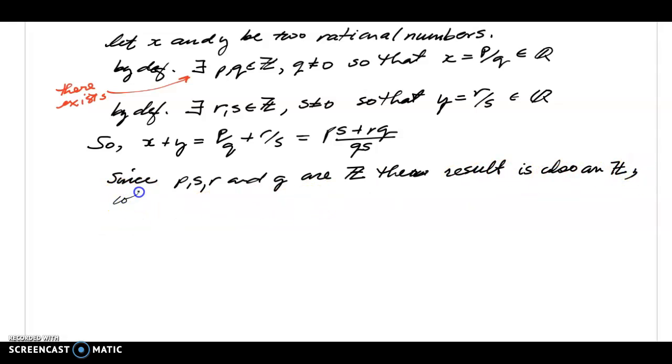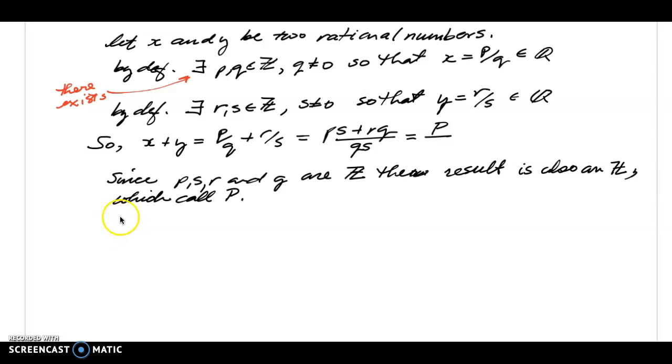So we can call this whole term, the numerator, p.